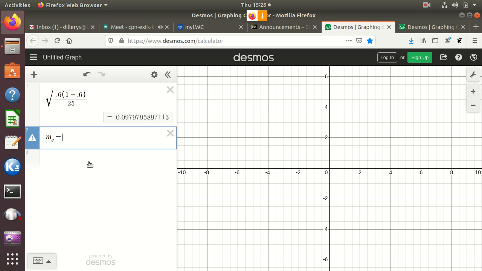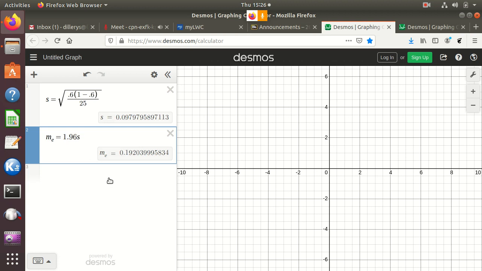And so this equals, and I should probably go up here and call that S, so I don't have to retype that. So this is 1.96 times S, and we get our margin of error is almost 0.2, 0.19.